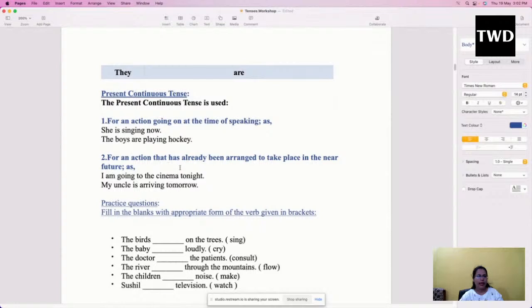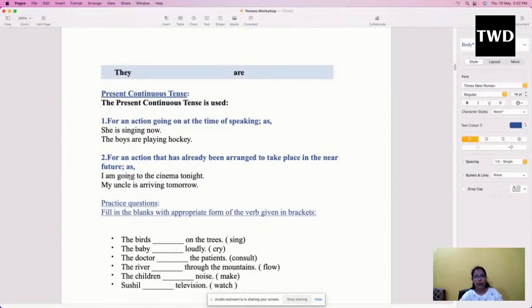Then, it is also used for an action that has already been arranged to take place in the near future. Okay, so something which you have already planned. Remember, already planned actions will come under present continuous tense. That is, I am going to the cinema tonight. That means already you have planned for the cinema.